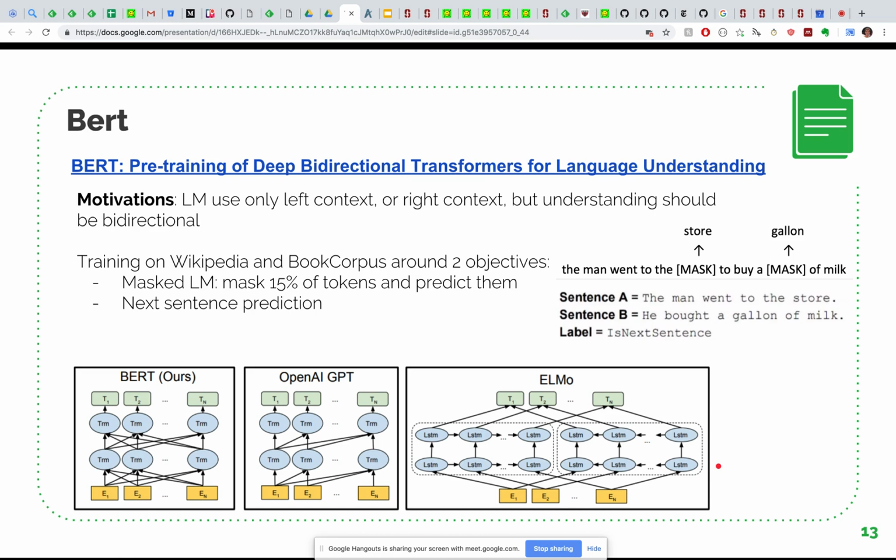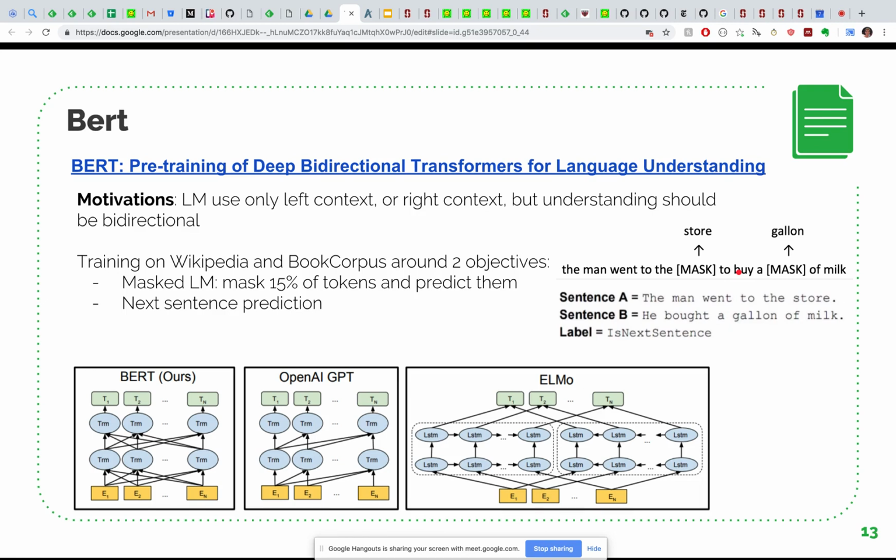They just want to be able to predict words, whether you use past or future context. So here they really use a bidirectional model. And the task is not to predict next words, but to predict some random words that they mask.